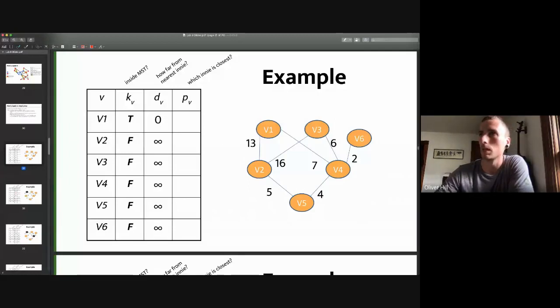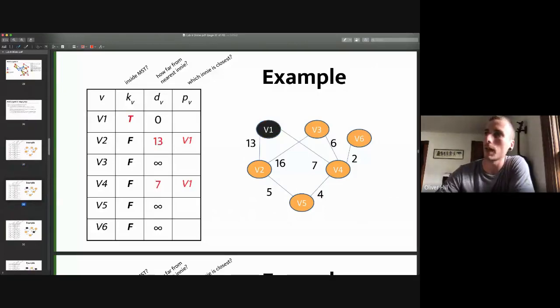Okay, so first thing we're going to do is look at any node that V1, because it's the node we're starting with, is connected to, so V2 and also V4. And we're going to update the distances in our table with the weights on the graph. So V4 will be 7 here, and V3 will be 13 here.